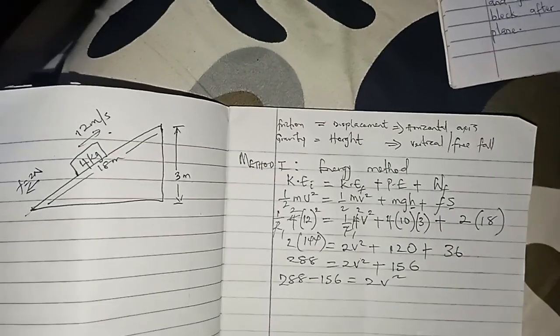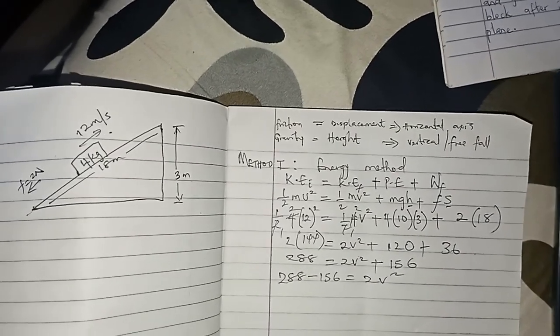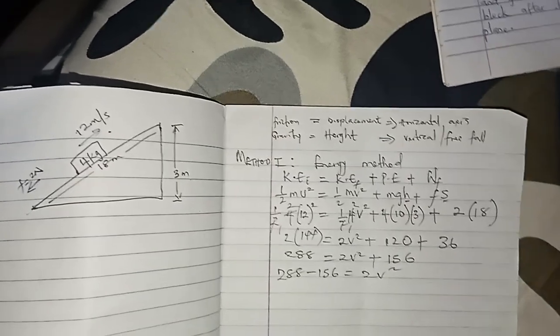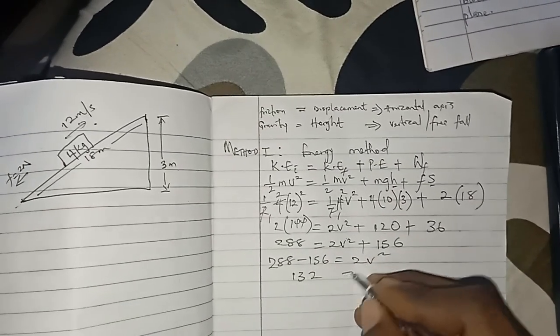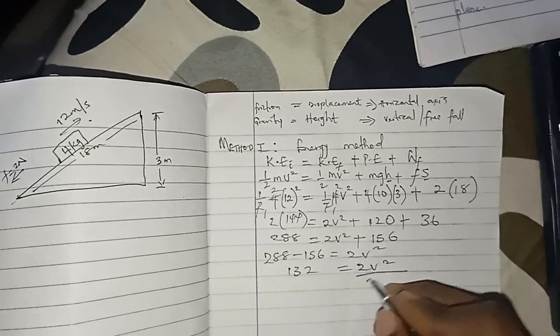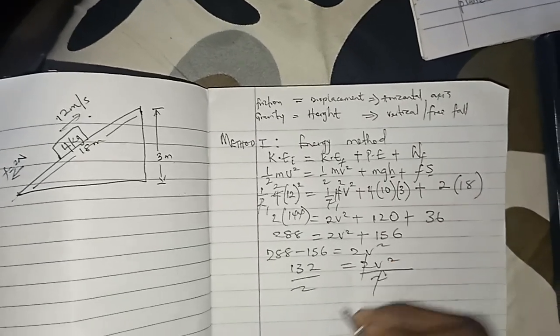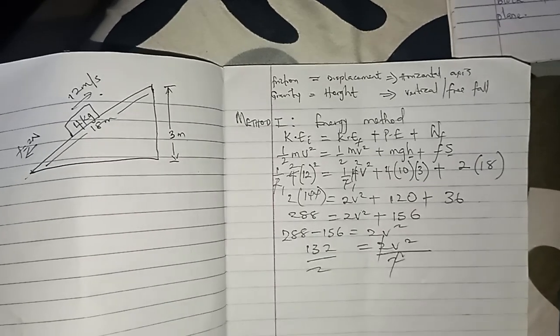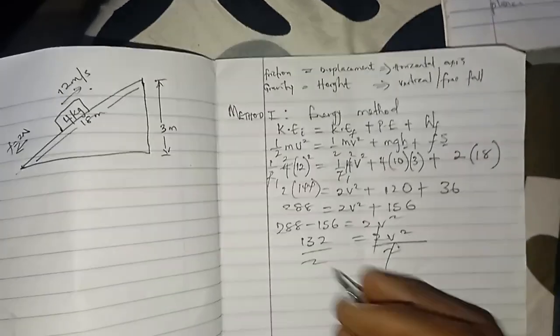288 minus 156, 132, equals 2v squared. Divide both sides by 2. 132 divided by 2 is 66.